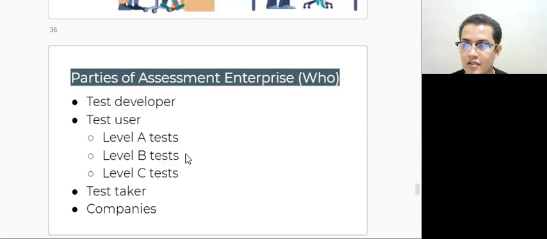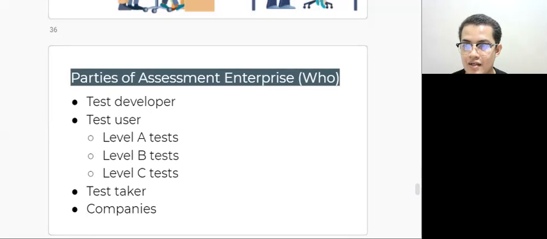However, there are certain standards and ethical guidelines on who will be using what type of test. So there are 3 levels of test. We have level A test, level B test, and level C test.